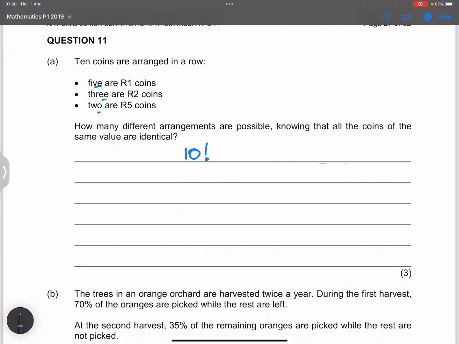But if we consider repetition, now we're going to look at all the numbers that are repeated. So 5 coins are repeated, so we're going to divide by 5 factorial times 3 factorial, because 3 of the 2 rand coins are repeated, and 2 factorial, because 2 of the 5 rand coins are repeated.